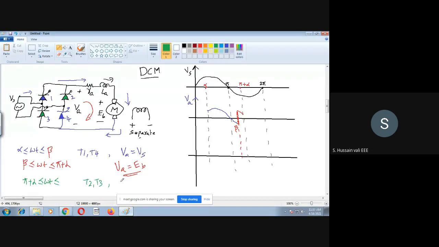When T2, T3 are conducting, once again you will get the same answer, that VA is the same as minus VS. Minus, because if you check the potential difference here, you'll understand that this positive voltage is connected here, whereas the negative voltage is connected there. So 2 and 3 are conducting, this is positive, this is negative, so VA is equal to minus VS. As VA is equal to minus VS, the waveform will be like this.